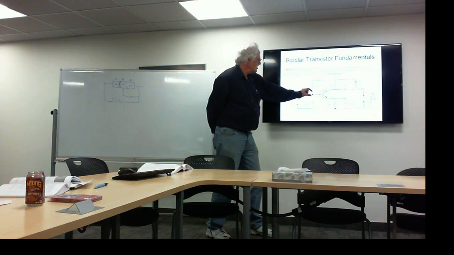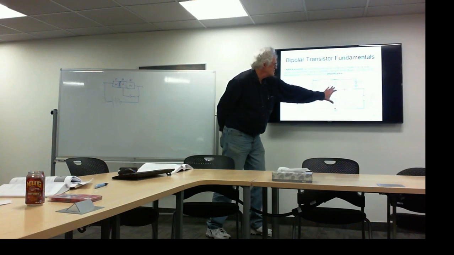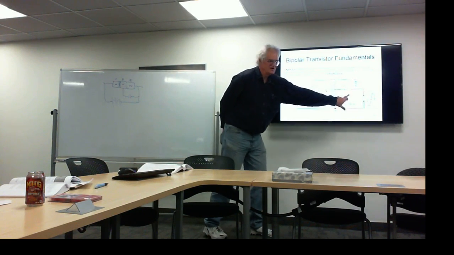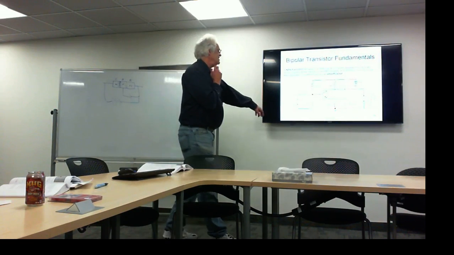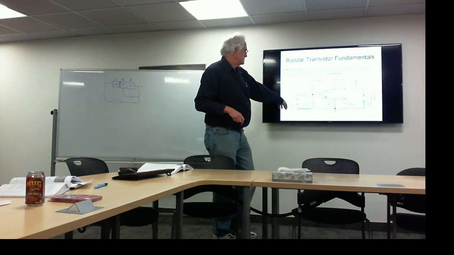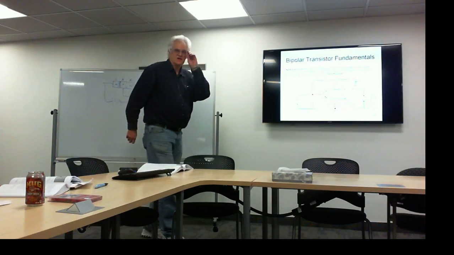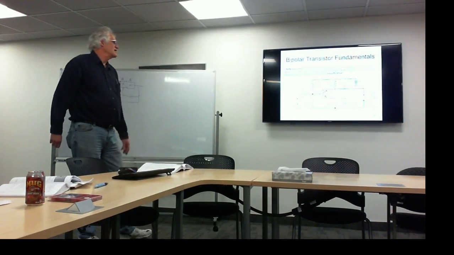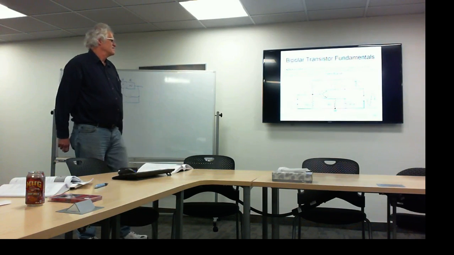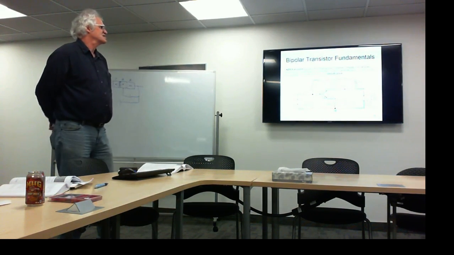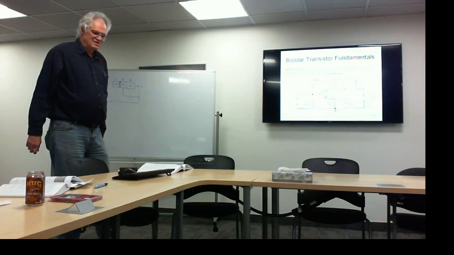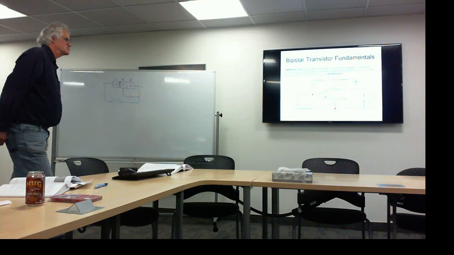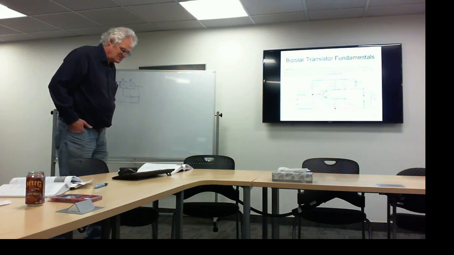By making a small change on the base emitter junction, we affect a very big change at the emitter, so we can use that to amplify a signal. In this case we've got a gain of 100, so the output signal is going to be 100 times the input. This effect is known as amplification, to increase the amplitude. Put that to memory because I'm sure that comes up a few times in the test.